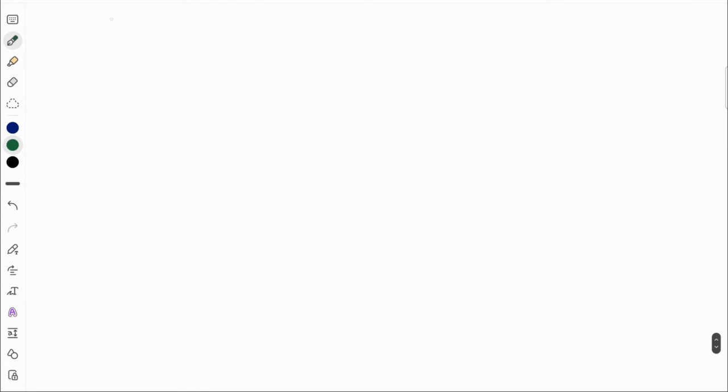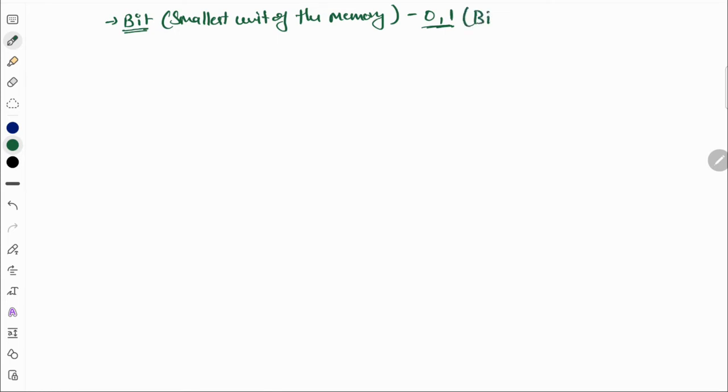First one is bit. Bit is the smallest unit of the memory. Bits are represented by binary numbers 0 and 1.